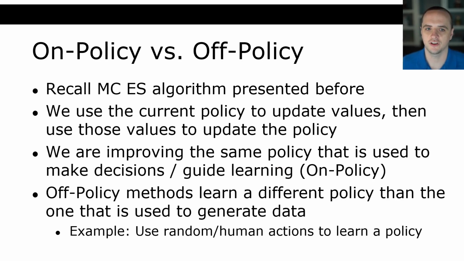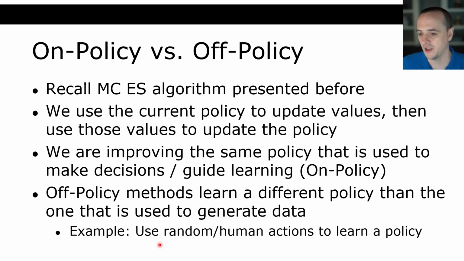So just think of if we were playing blackjack, right? So last time we showed, okay, we're using some policy to guide our actions playing blackjack, and then we get values from that policy, and then we use those values to update the policy again. So the same policy is guiding our actions that is being actually updated when we do the update the policy step.